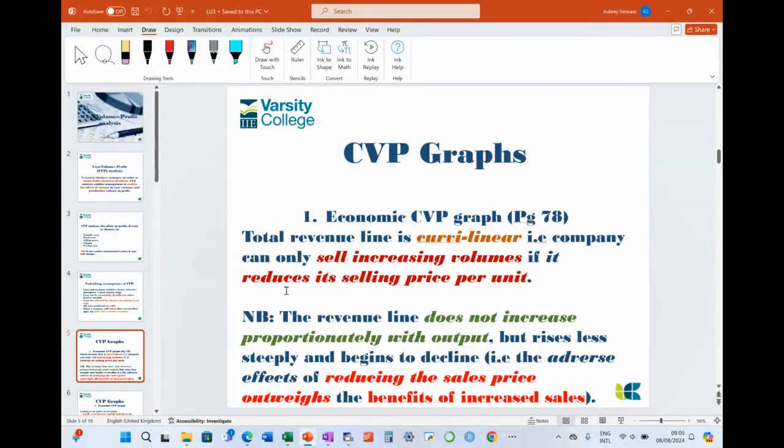If you look at the accounting CVP graph, you see that it does increase proportionately with output, okay? Then it goes on to say, but rises less steeply and begins to decline. Therefore, the adverse effect of reducing the selling price outweighs the benefit of increased sales.